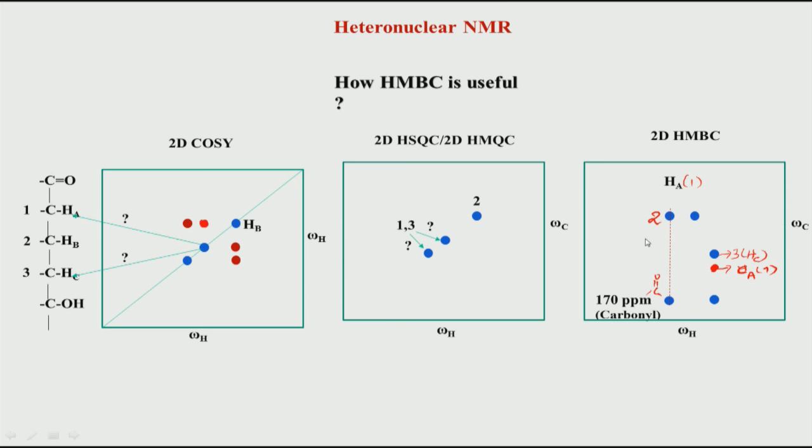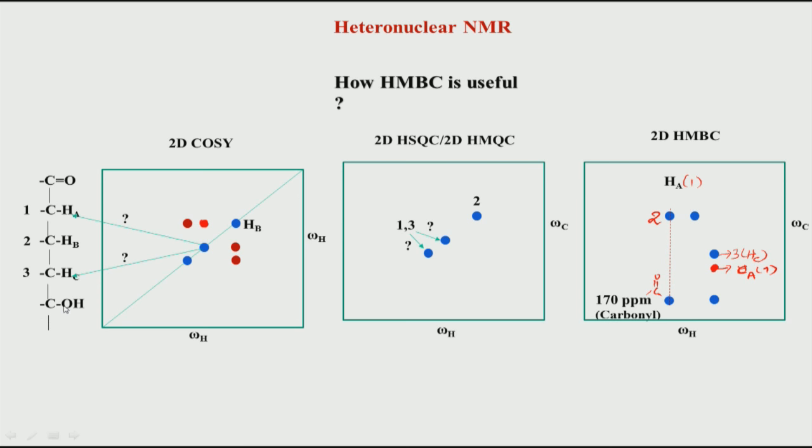So, HMBC helps a lot to unambiguously figure out which carbon is coupled to which proton, and the long range information helps us to resolve any doubts, like we saw in this particular example. One thing you may ask is why we are not discussing this carbon.